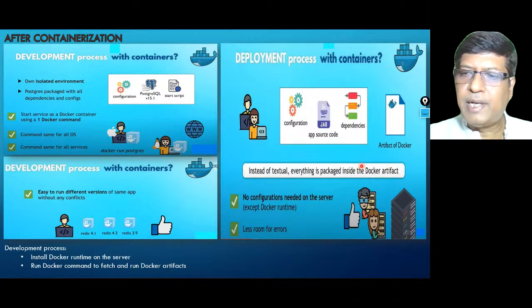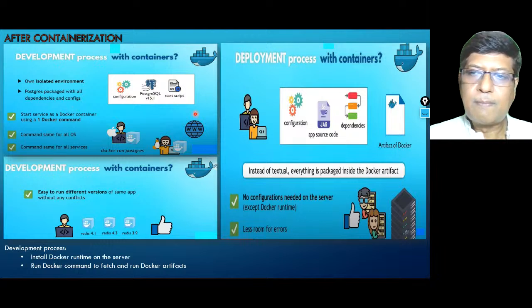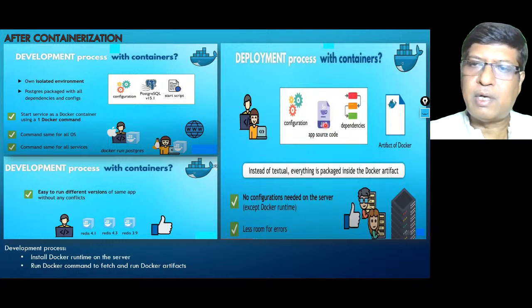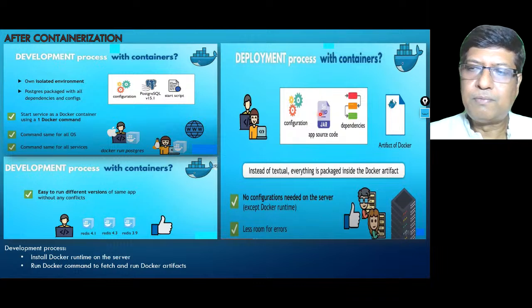So the jar file will also be there inside that image. You have one image inside the container. You have the configuration, you have the app source code, which is the Java jar file, and also all the binaries and libraries that are needed to support running this application. That's all.